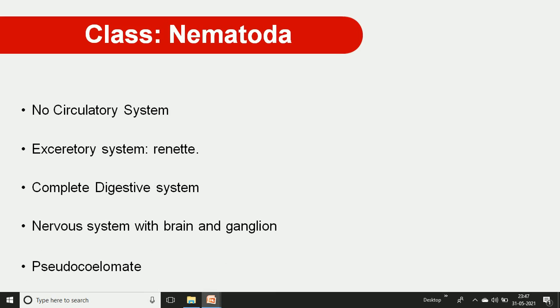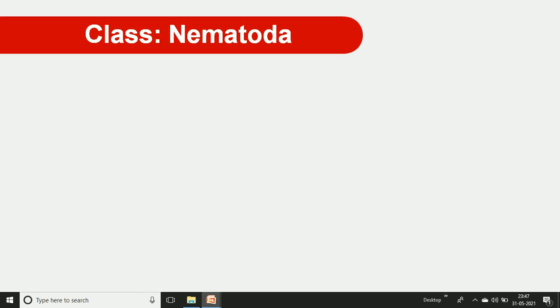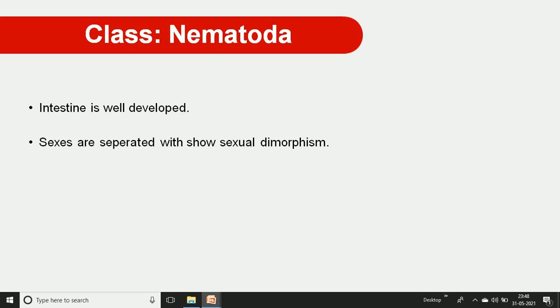They are pseudocoelomate, already discussed in the previous slide. Then you know that there is a complete digestive system, and a very specialized feature is that the intestine in nematode worms is well developed.